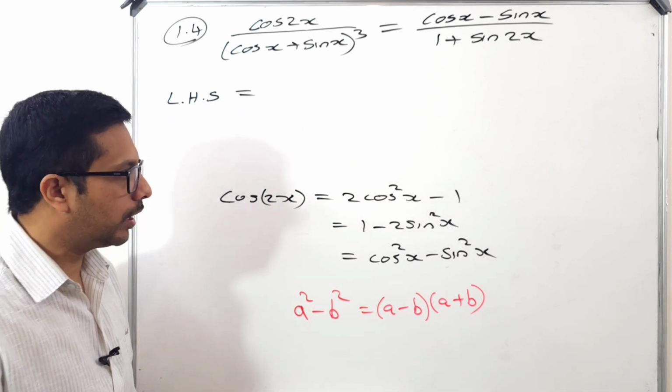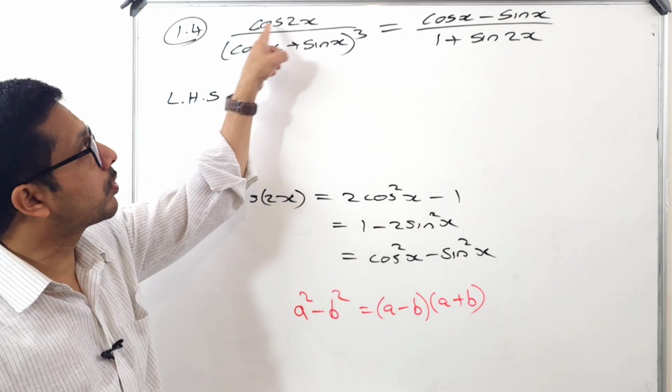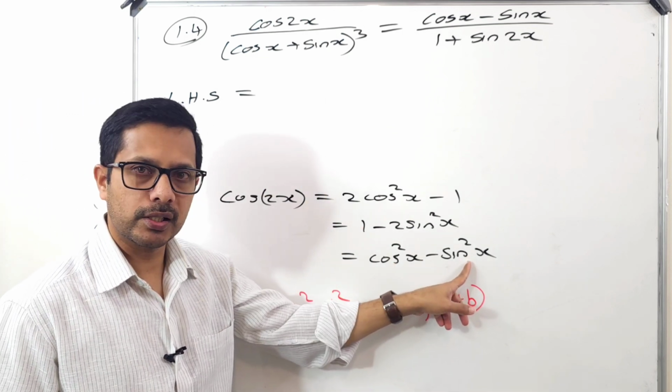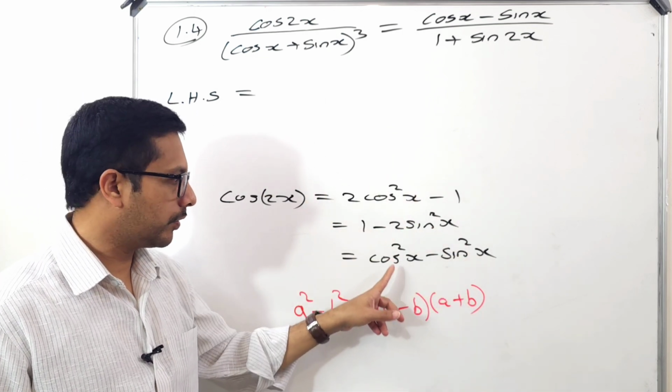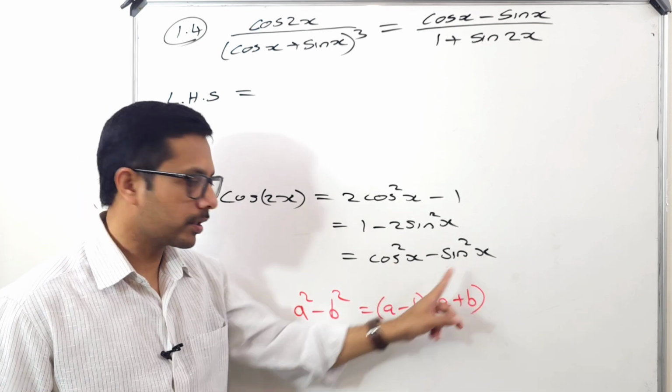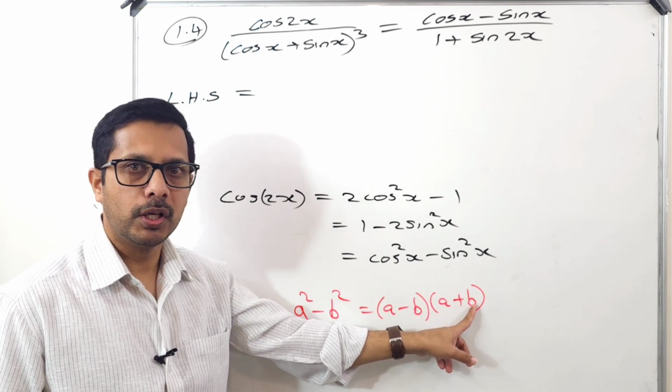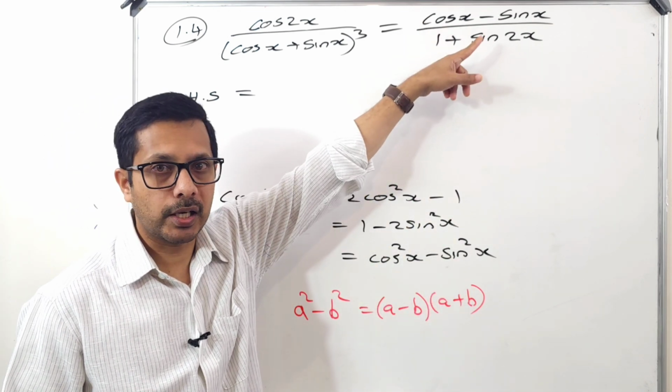Am I right? So if I write instead of cos 2x, cos squared x minus sine squared x, next step I can write this as cos x minus sine x into cos x plus sine x. So there I am getting a cos x minus sine x.